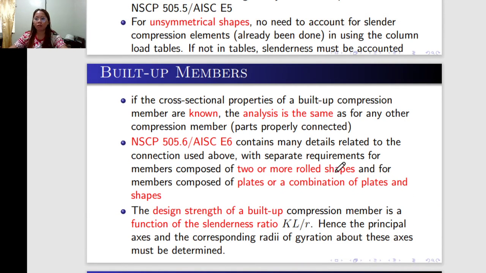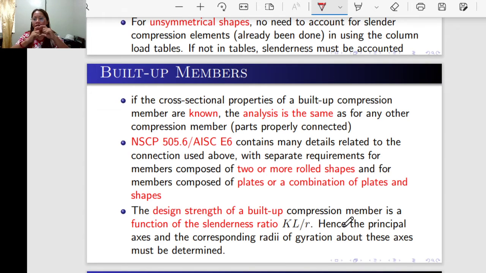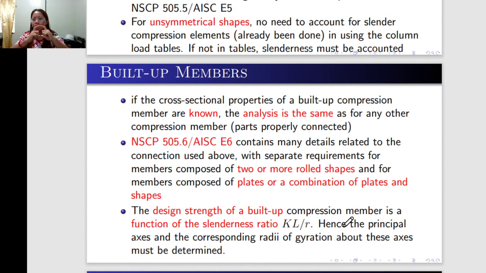In NSCP 505.6, the analysis is the same as for any other compression member, like a single C, or a W or wide flange with plates connected, I mean welded, to its flanges.